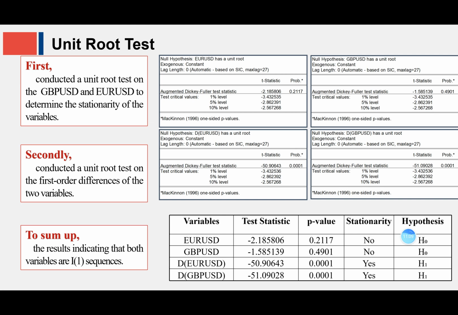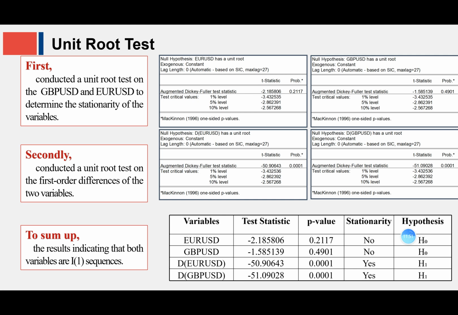Now first, I conducted a unit root test on the GBP/USD and the EUR/USD to determine the stationarity of the variables. The figure of the unit root test for the EUR/USD shows that the t statistic is minus 2.185806, which is greater than the critical value, while the p-value is 0.2117, much higher than 0.05.